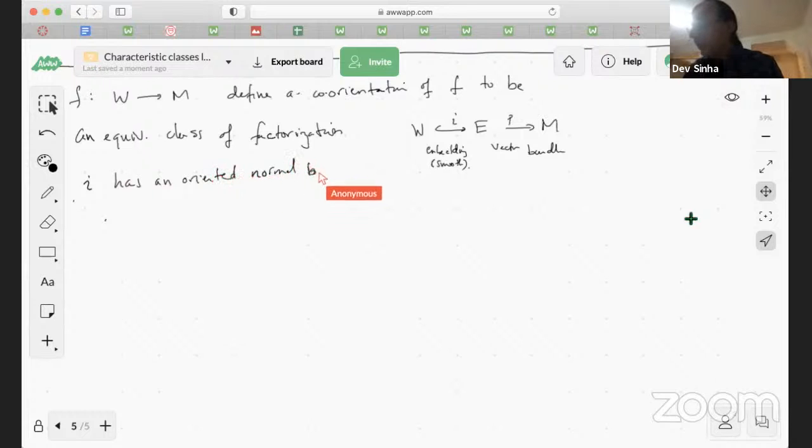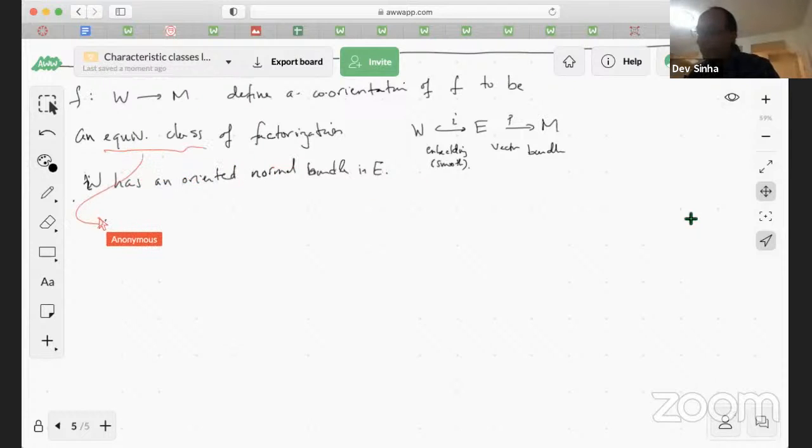Or what we can say is W has an oriented normal bundle in E. So I took a map and now I've stuck any possible vector bundle in between, but I said equivalence class. What do I mean by equivalence class?